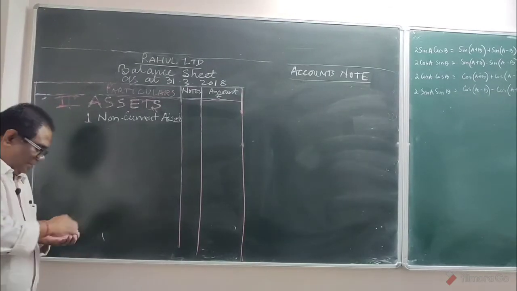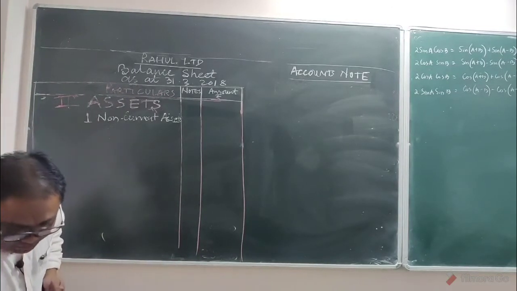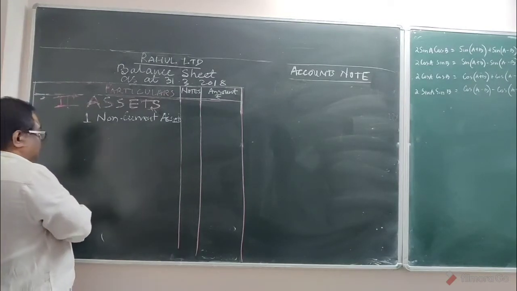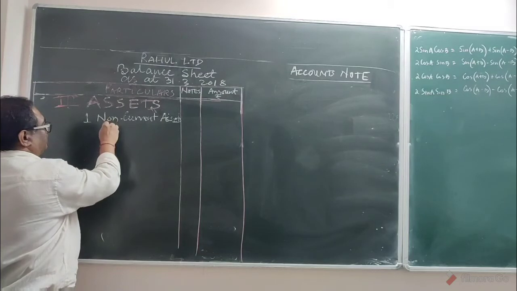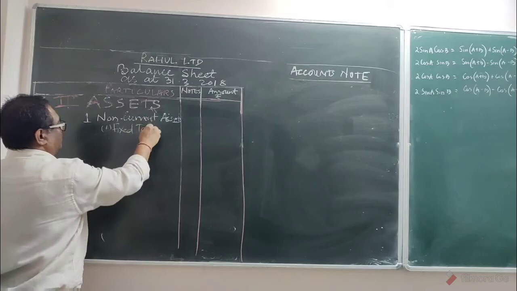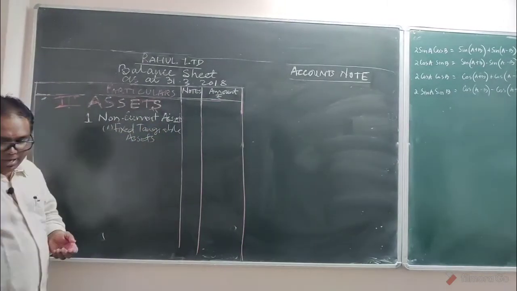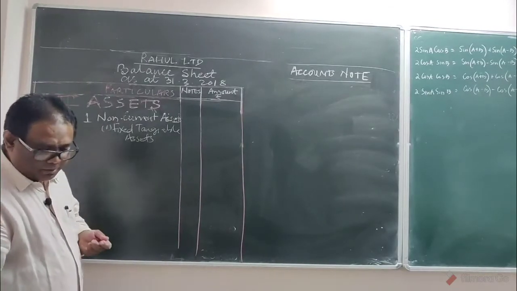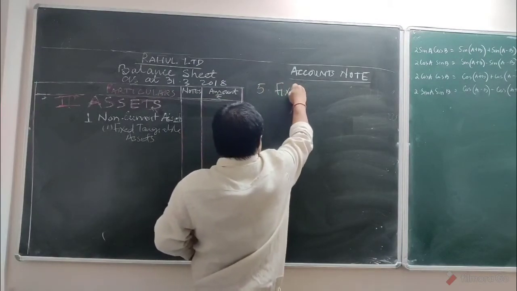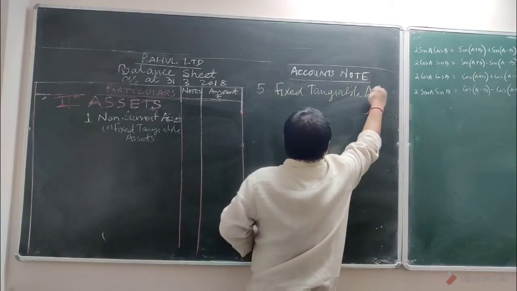So now let's see, the first item given in the question here is fixed tangible assets. As per account note number 5, we have fixed tangible assets.